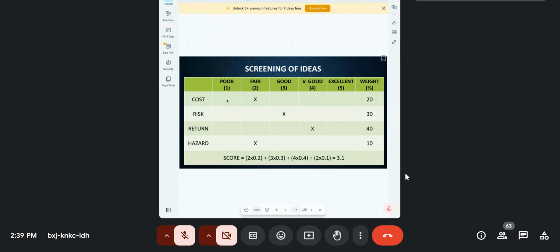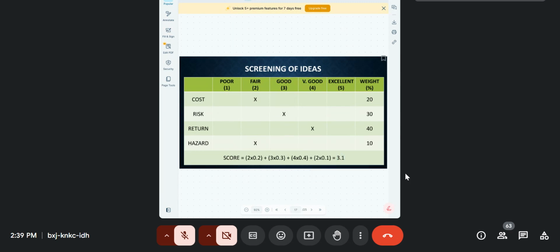So maybe for the particular project that we are looking at, the cost is fair, and then maybe the risk is good, maybe the return is very good, and maybe the hazard is fair. So then if you score that using a simple formula, which would be fair, 2, times the percentage weight, plus everything else for the risk, return, and hazard, you get a score of 3.1.